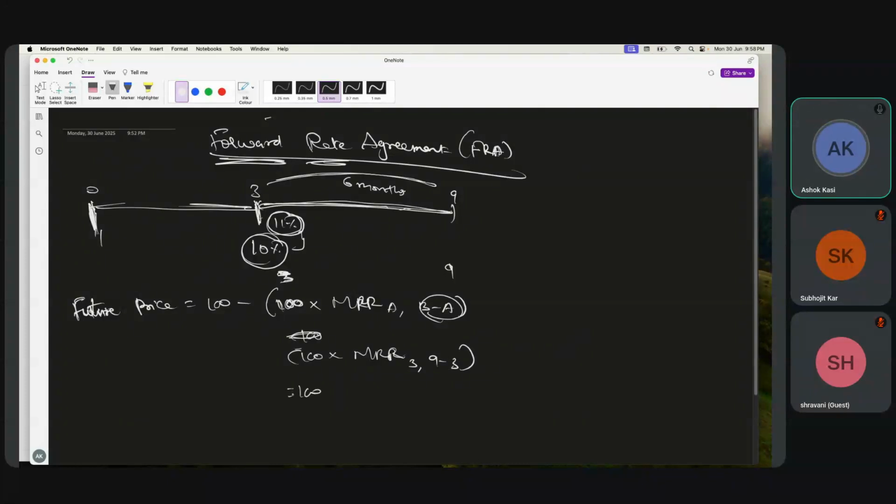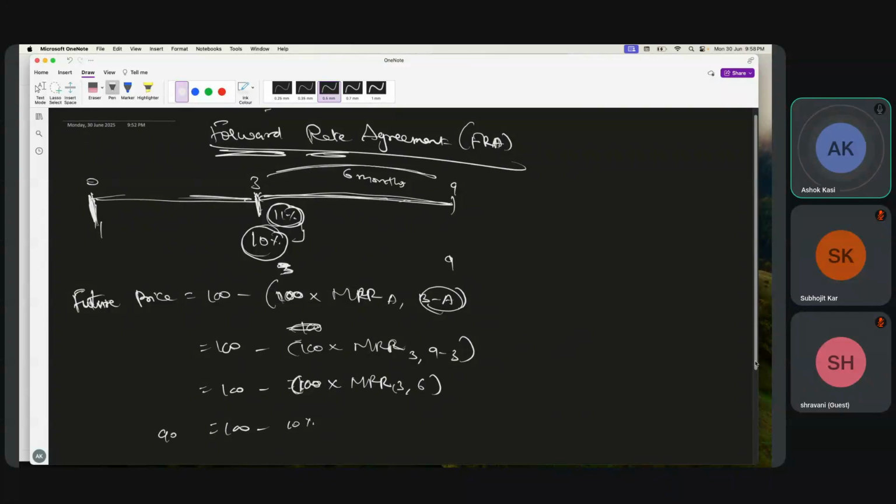That means MRR after 3 months for 6 months. This is what it means. So 100 minus, imagine it is 10% after 3 months for 6 months. So future price becomes 90.